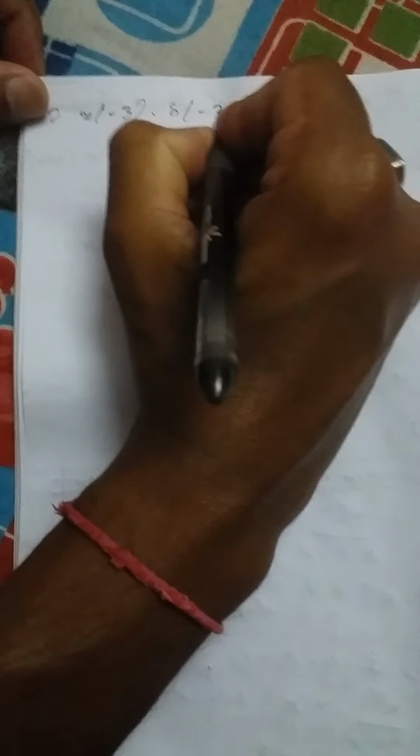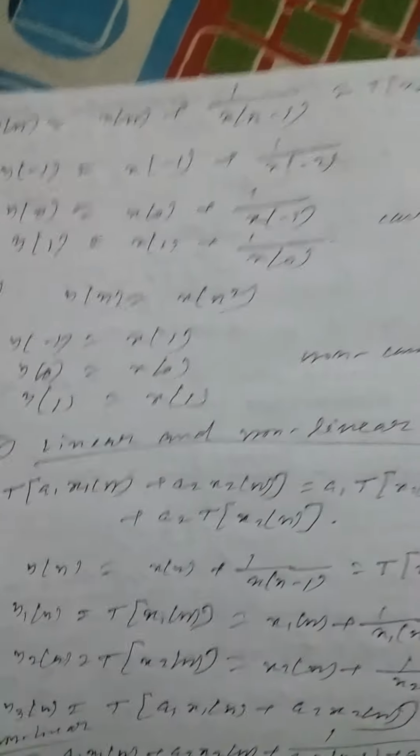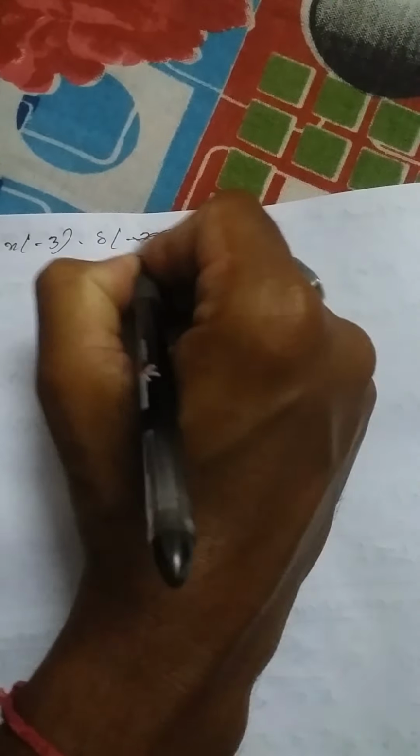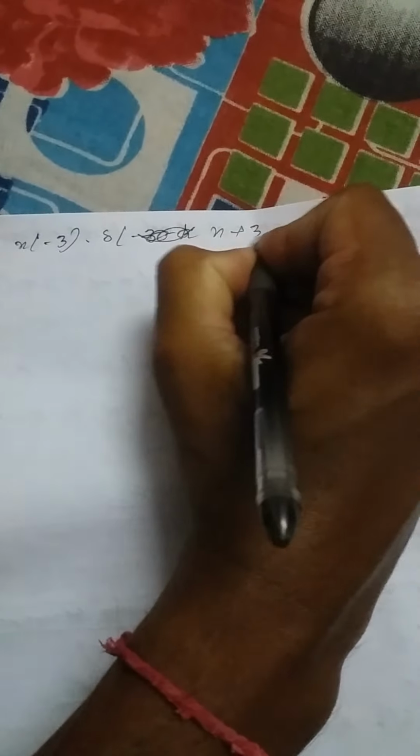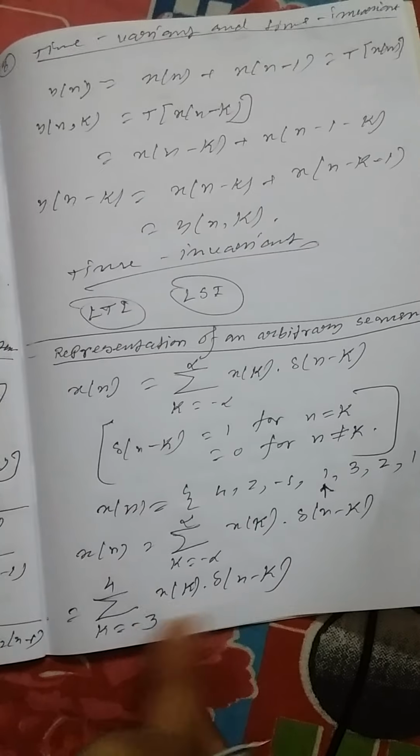So we get x of minus 3 into delta n minus k, which will be delta n plus 3, because here the value of k is minus 3.